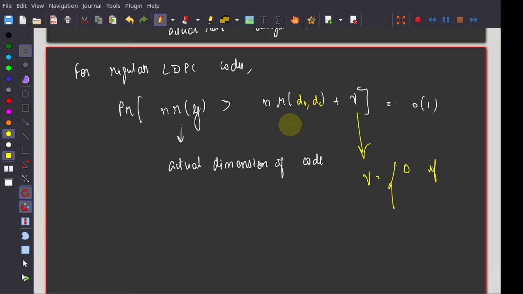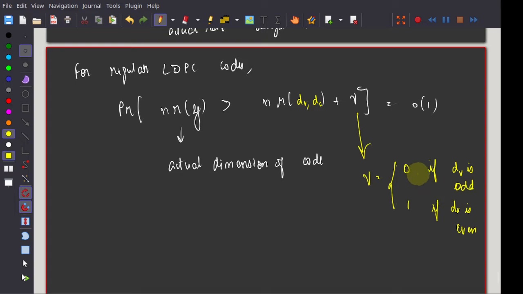This particular probabilistic statement depends on whether dv is odd or dv is even.